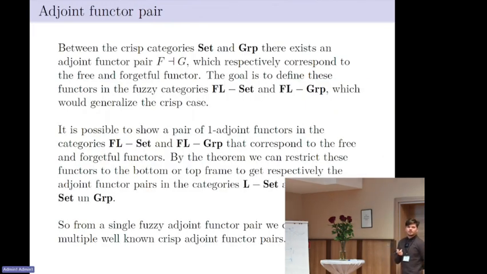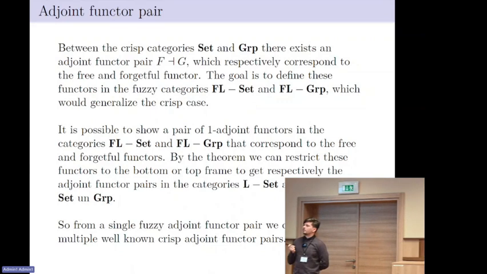So one of the easiest examples is if we take the crisp categories of set and group, then we know that there's a classical adjoint functor pair which respectively corresponds to the free and forgetful functor, but we could also find analogs in the fuzzy categories.